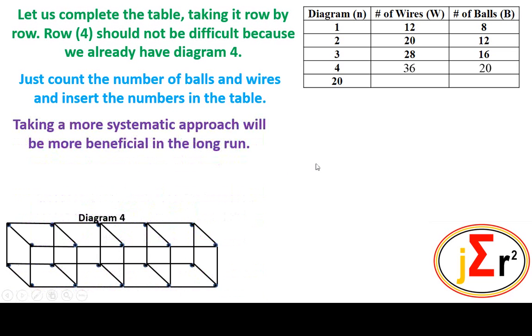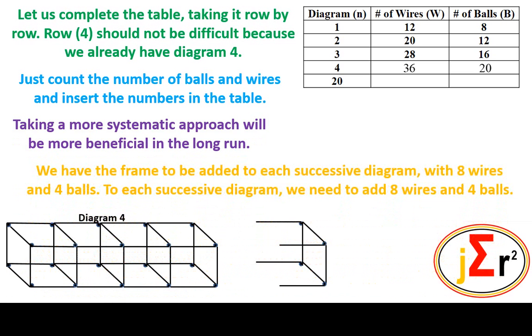What about diagram 20? Taking a more systematic approach will be more beneficial in the long run. And what is that systematic approach? We have the frame to be added to each successive diagram with 8 wires and 4 balls.